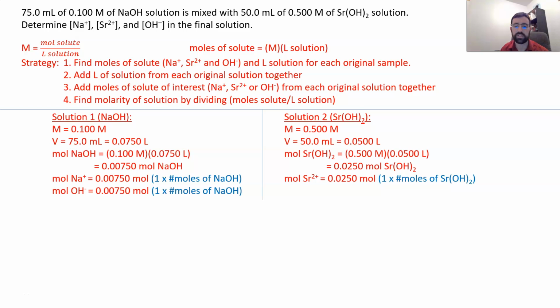So we get the same answer. Hydroxide, on the other hand, has a subscript of 2, so we will multiply that number by 2. 0.0250 times 2 is 0.0500 moles. We just doubled the number of moles of strontium hydroxide because of that subscript of 2. Now we have moles of sodium, moles of hydroxide, moles of strontium, and moles of hydroxide.